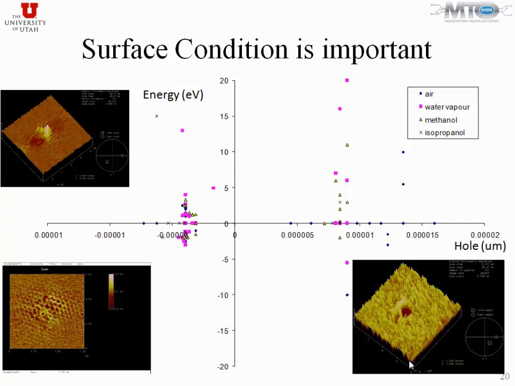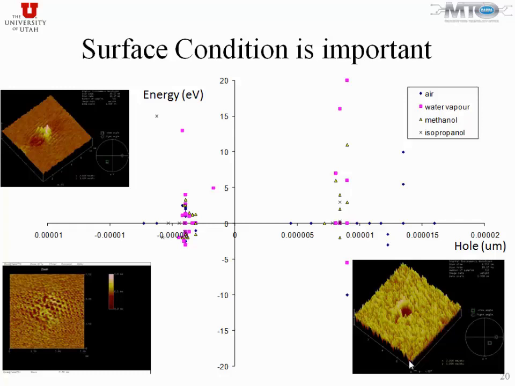So depending on what you have, these are all color-coded, you can end up with holes, that's shown in here. So the platinum tip comes down and then touches the surface. You apply a certain amount of voltage and pull back the tip, and the idea is to create a hole in there. And depending on the surface conditions, you can either end up with a hole or some kind of a hill, since graphene layers can adjust themselves.